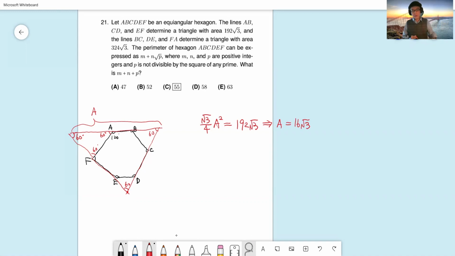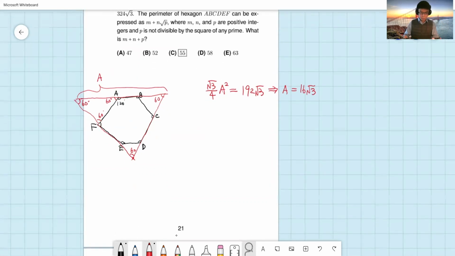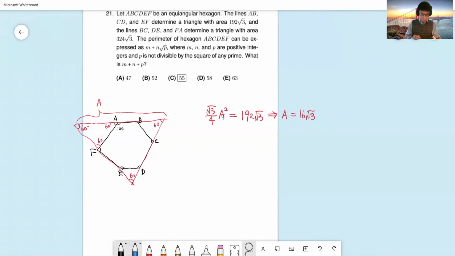The side length is 16√3. Here we assume AB equals A, BC equals B, CD equals C, DE equals D, EF equals E, FA equals F. 6 sides.